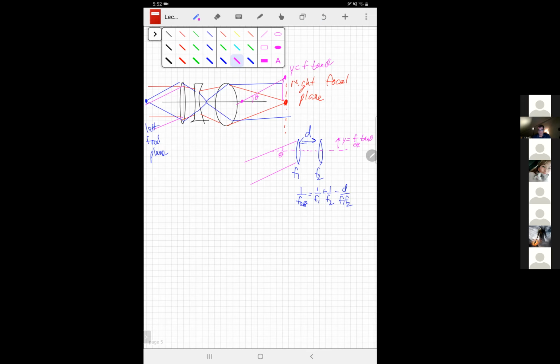There's going to be one of them, because there are some coming from way down there, making a much steeper angle, and some coming from up here, making a shallower angle. So one of them is going to make the same angle that they originally made.